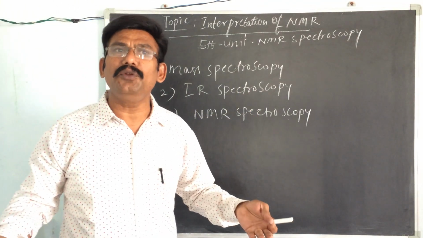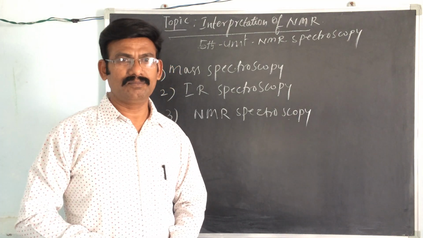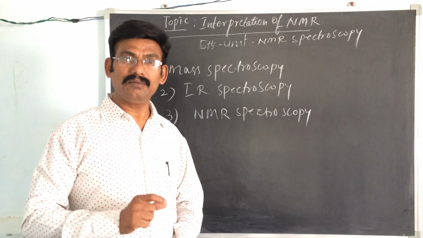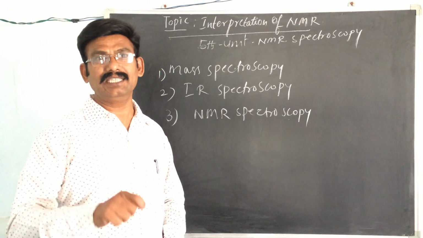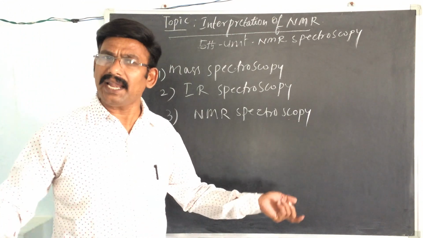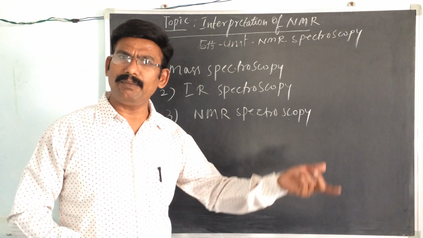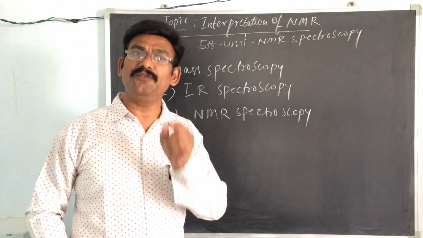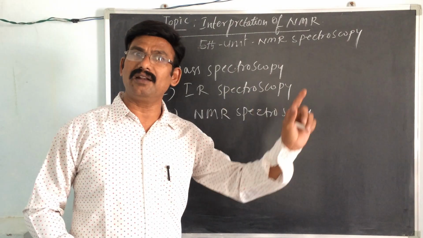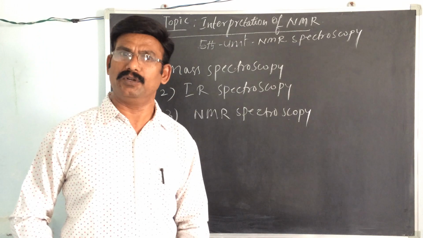Then when we know the structure, it is very easy to identify. If you listen to today's class, finally you can identify. Anyone can, any intermediate student, graduate student, commerce student, MBA student. No need for other knowledge. Just listen carefully. You will be able to identify the organic compounds.